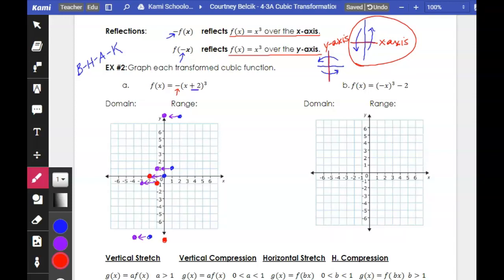This point, I count up 1 and up 1 more. And this point, I count up 8 and I count up 8 more. So this set of red points right here is my transformed function. I didn't restrict a domain or a range, so my domain and range are still all real numbers.